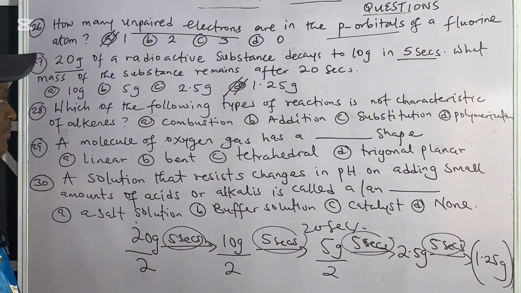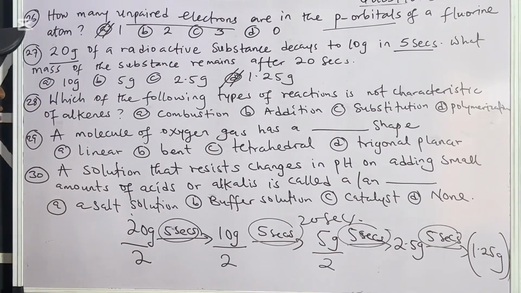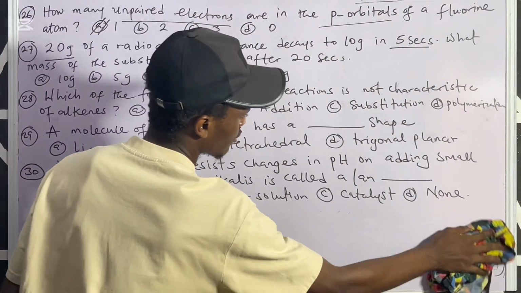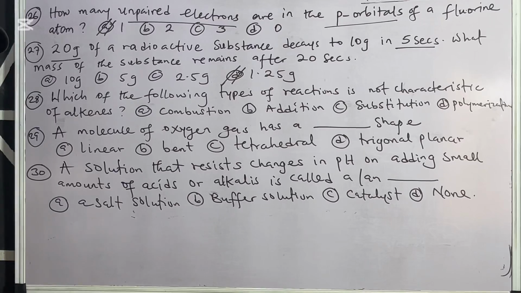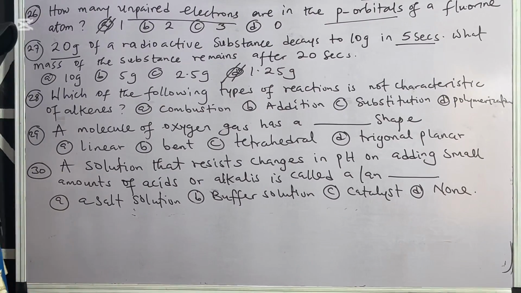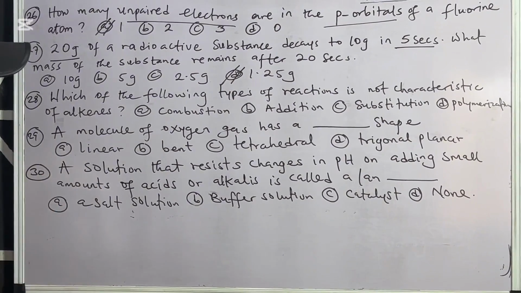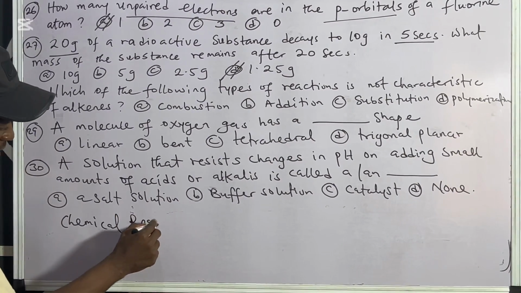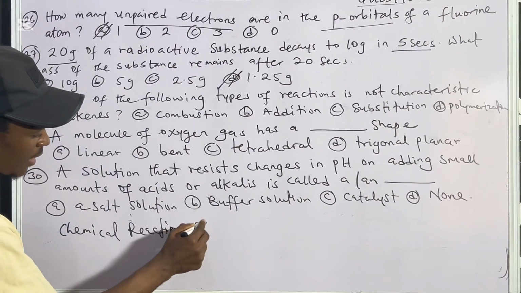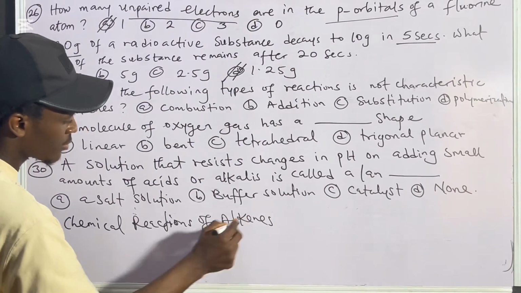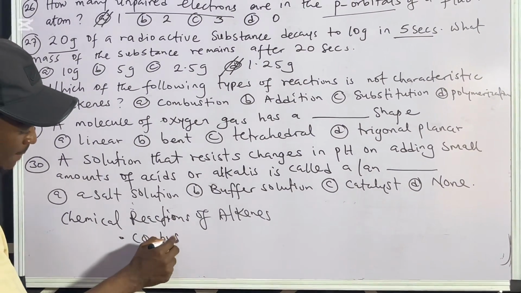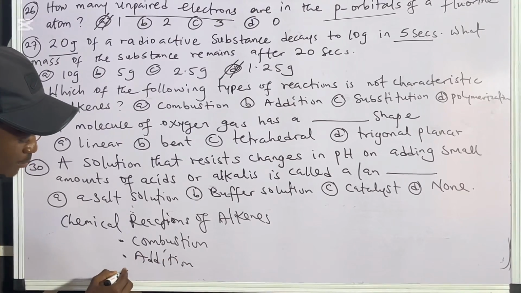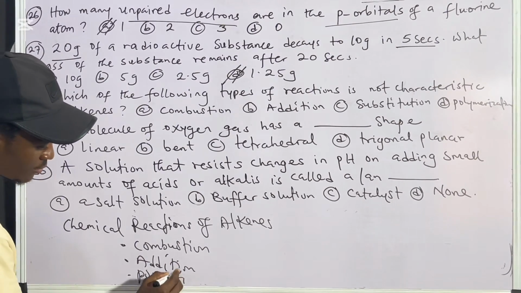So question 28. Which of the following types of reactions is not a characteristic of alkenes? Now, if you've watched my first video on introduction to the world of organic chemistry, under the alkenes, I said chemical reactions of the alkenes include combustion reaction as one, then we have addition reactions as well as polymerization reactions.